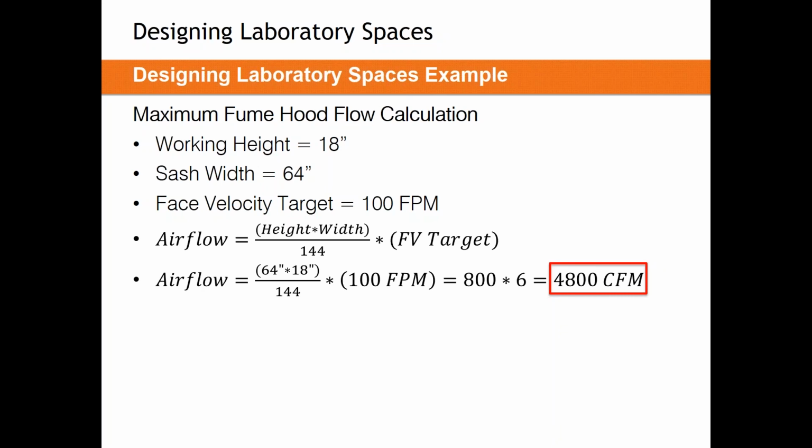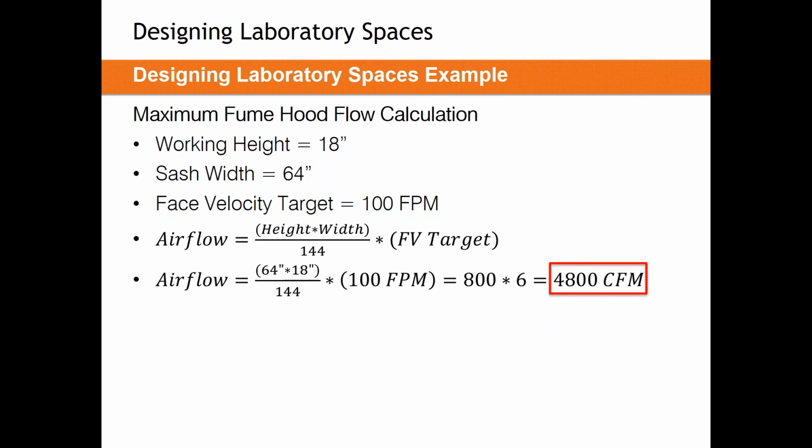To find out approximately how much airflow each of those will need at the maximum position, we can multiply the width times the height of that sash, divide it by 144 because we are in inches and we want it to be in feet, and multiply by our face velocity of 100. What we find out is we need 800 CFM per fume hood at the maximum open position. Meaning if all 6 hoods are fully open at any given time, we need 4,800 CFM of exhaust air from the flow from that lab.